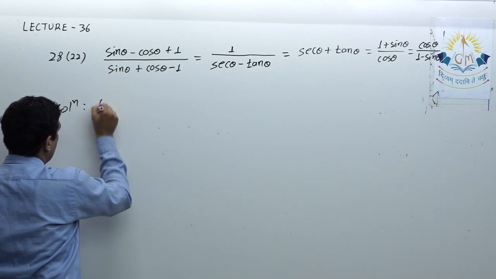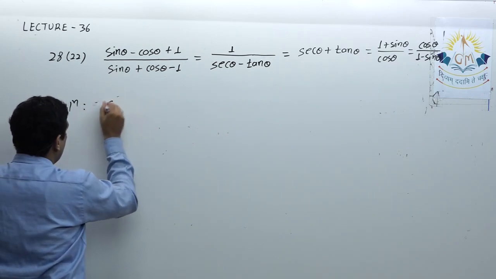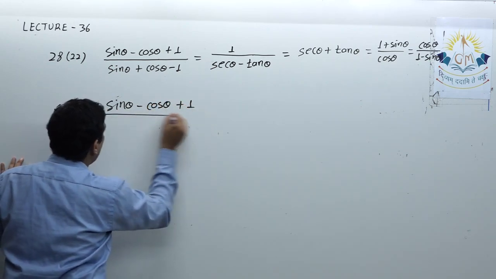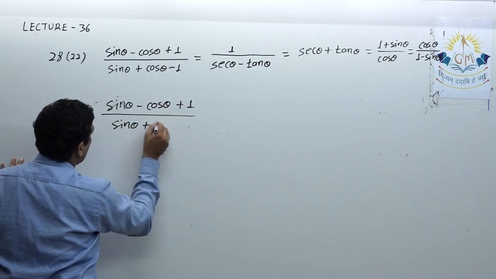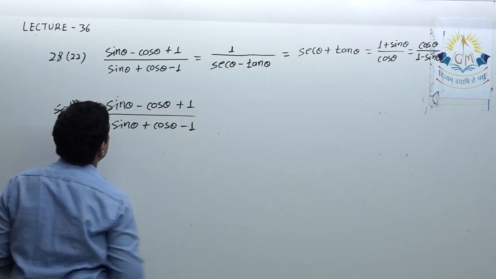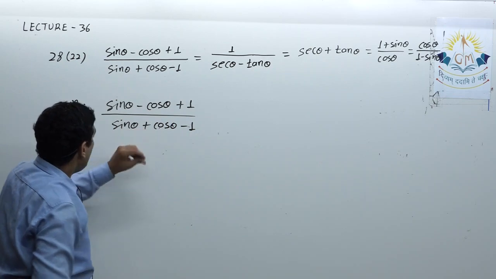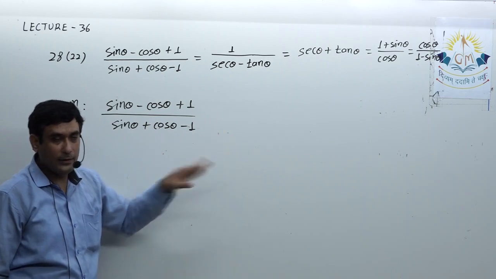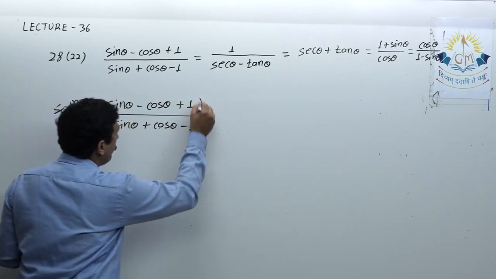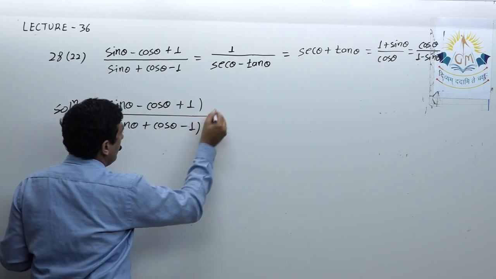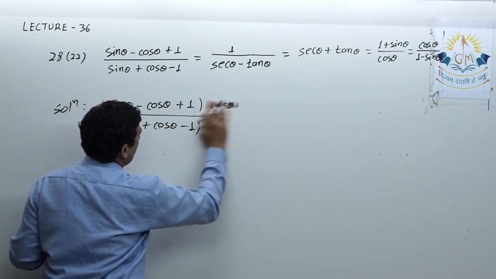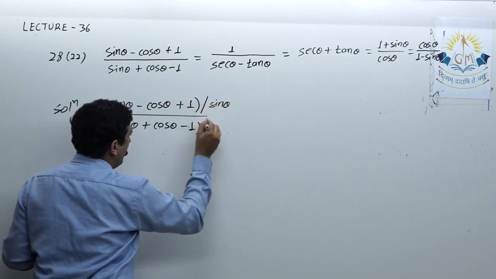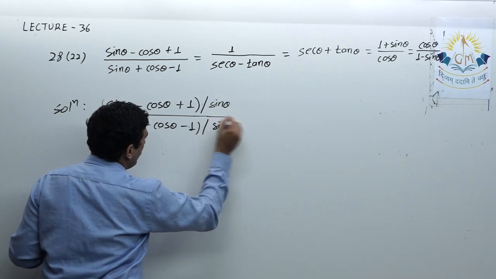So, sin theta minus cos theta plus 1 upon sin theta plus cos theta minus 1. Now see, I want to convert this numerator and denominator in the form of sec theta and tan theta. Suppose I divide by sin theta: if I divide the numerator by sin theta, I have to divide the denominator as well by sin theta.